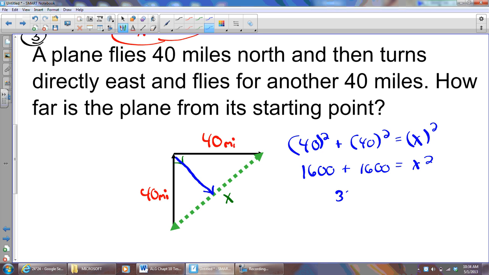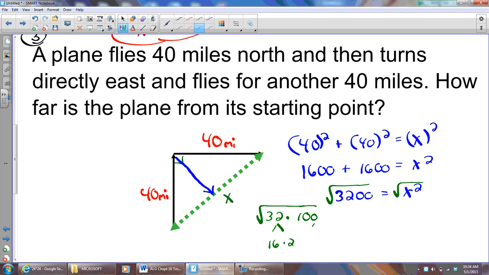Add them together, I'm going to get 3200. And I'm going to do this one the long way. I'm going to go for an exact answer on this one. I'm going to take the square root of each side, but I'm going to simplify my radical. I know that root 3200 is the same as 32 times 100. I also know that 32 can be broken down into 16 times 2.